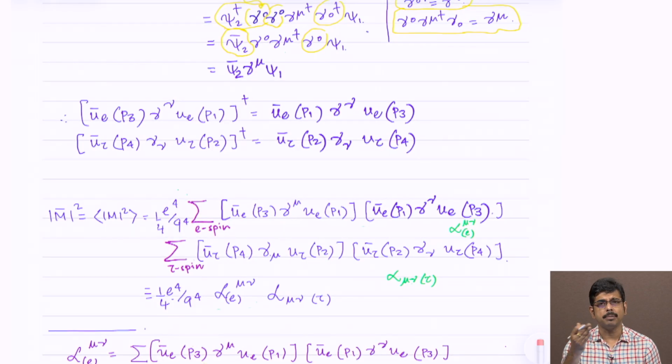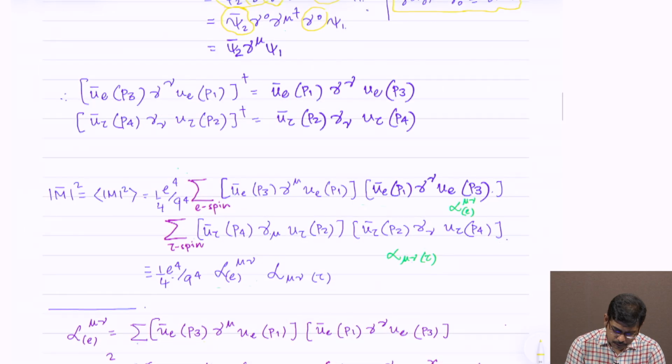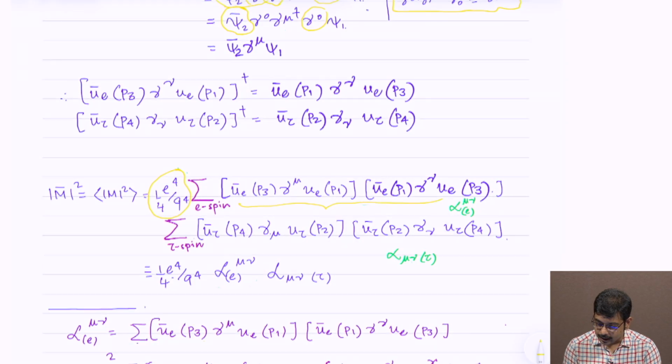So this basically means that I have taken an average over the initial state spins and summed over all the possible final state helicity combinations, and that gives this form: 1/4 e to the power 4 by q to the power 4. This comes from both the coupling and the propagator part. Then we have a sum over electron spin, u e bar p3 gamma mu u e p1, u e bar p1 gamma nu u e p3, which we termed L mu nu electron, because this only involves the electron spinors.